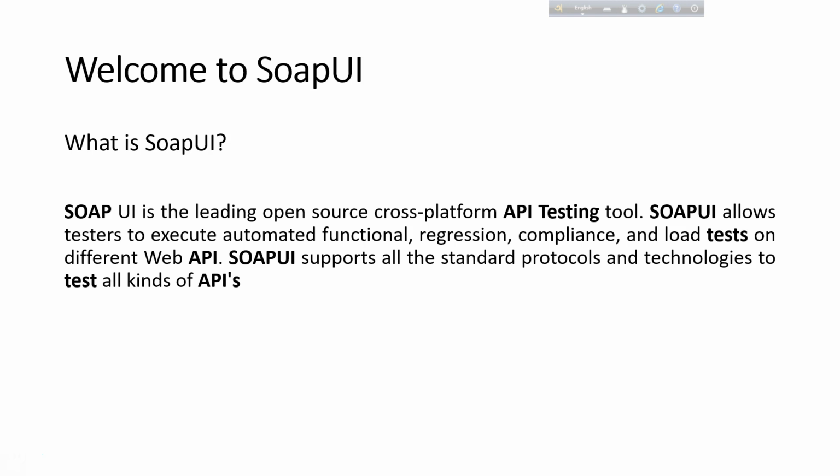Today we are going to discuss a very important tool, that is SoapUI. SoapUI, very important tool. REST Assured is very important, and SoapUI also. Postman is actually a manual testing tool for API testing, but it will be a big help if you understand how to deal with it.